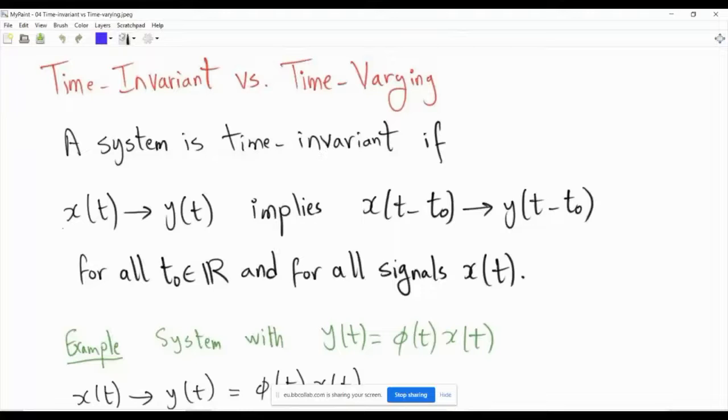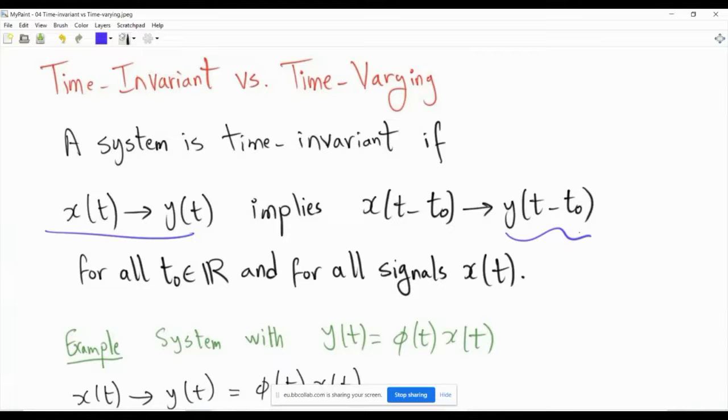A system is time invariant if you give the system the input x of t, it responds with y of t. Now, the system is time invariant if you shift the input by any shift, the output will be shifted by the exact same shift, and nothing else will change in the output.